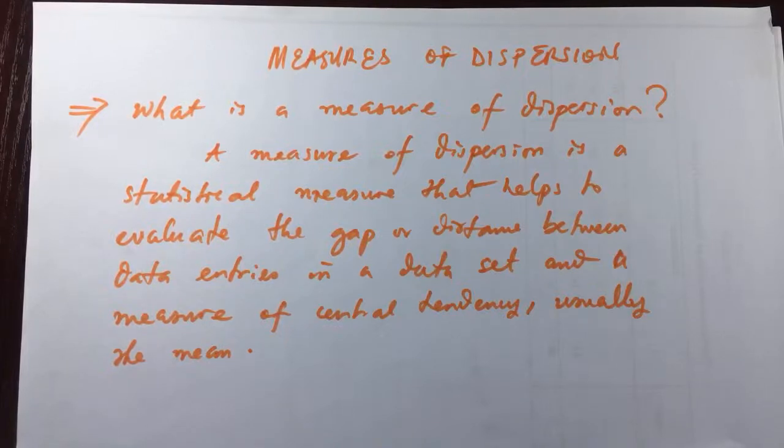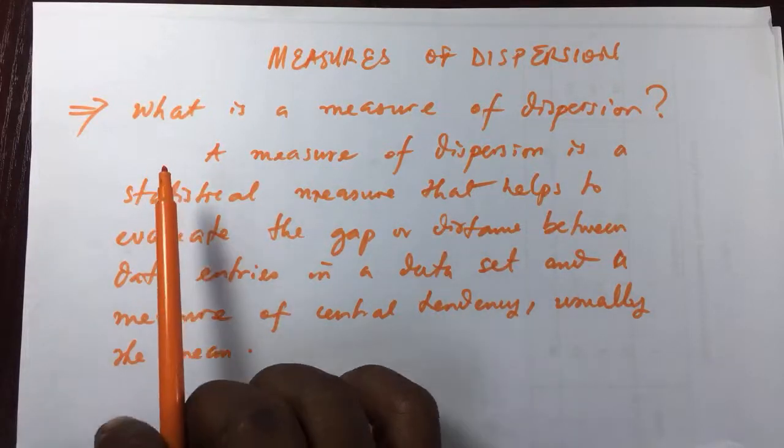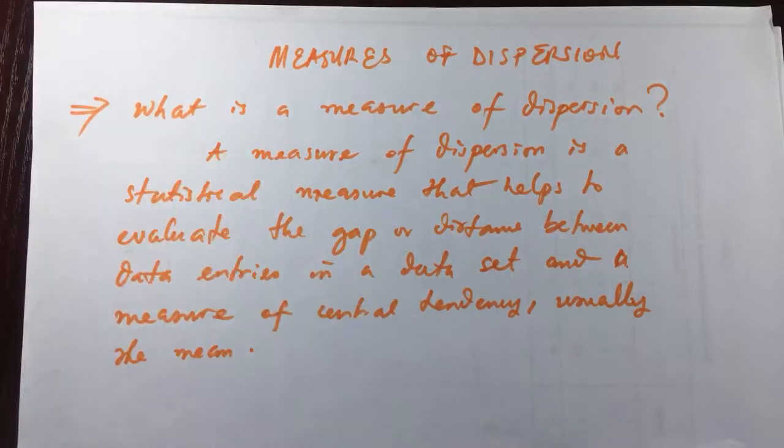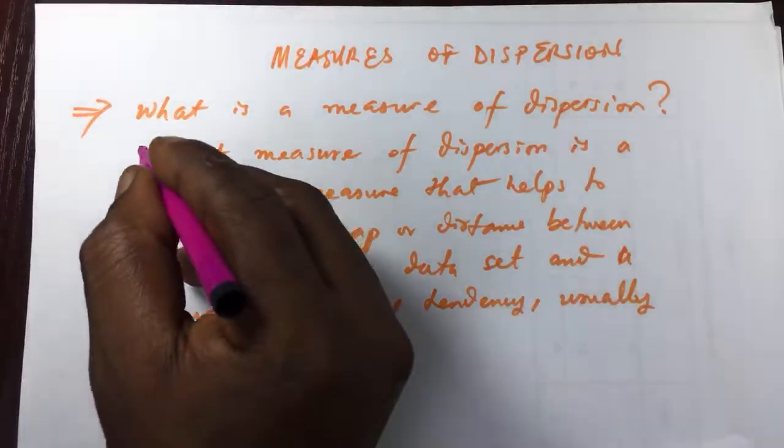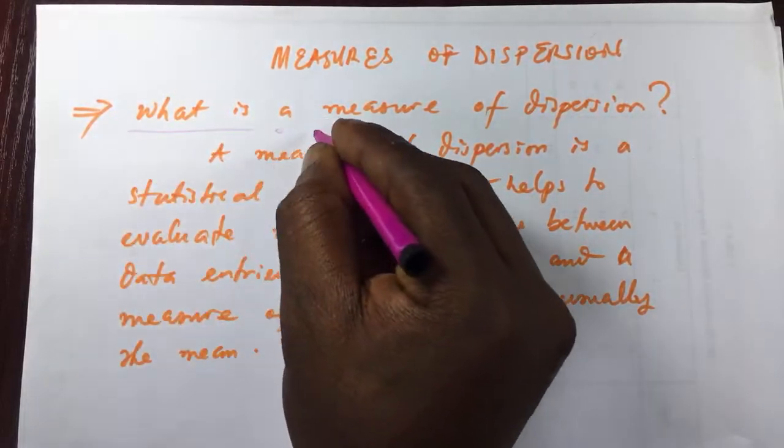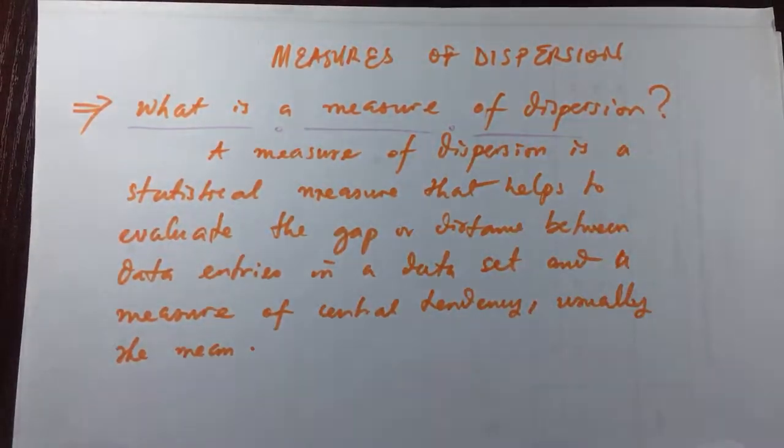Our first sub-objective in this class will be to answer the question, what is a measure of dispersion? You can't be discussing measures of dispersion and you are unable to tell someone what a measure of dispersion is. So that makes this our objective number one, answering the question, what is a measure of dispersion?